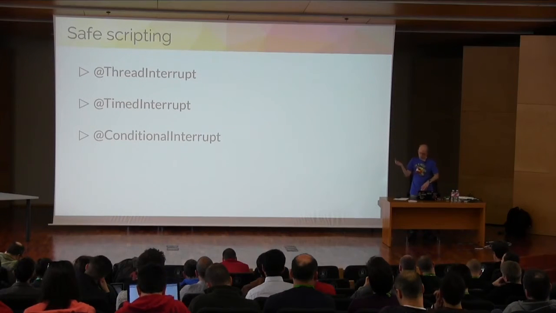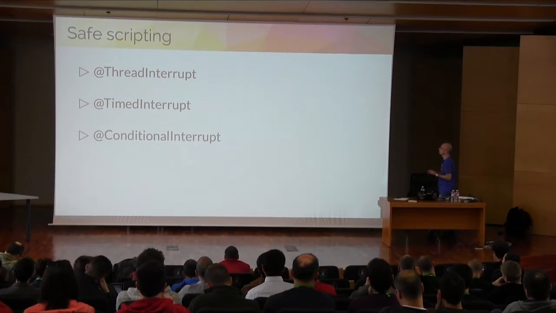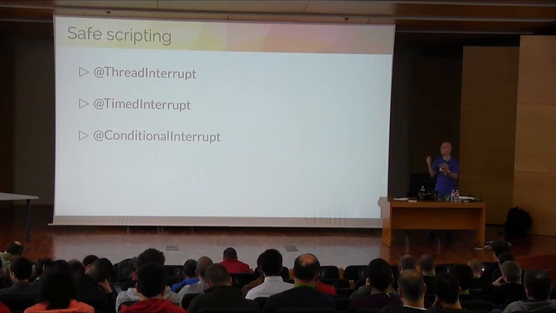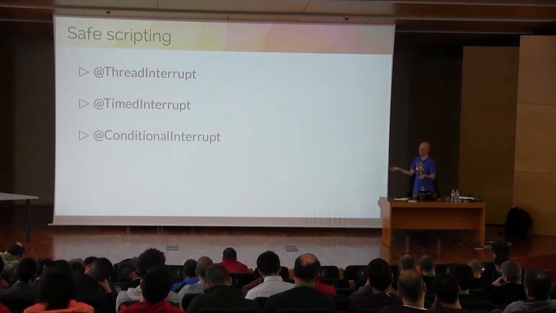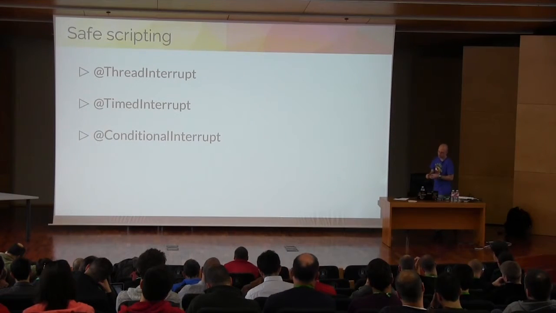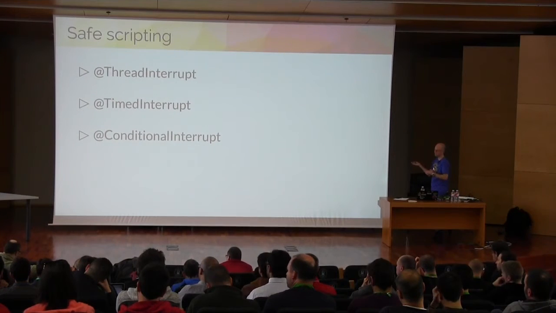With TimedInterrupt, you can abort the execution of a thread after some time. You can annotate a class with TimedInterrupt, for example with 5 seconds, and if the execution takes more than these 5 seconds, it will be aborted by throwing an exception. And the last one, ConditionalInterrupt, is used to interrupt the execution of a script with a custom strategy.